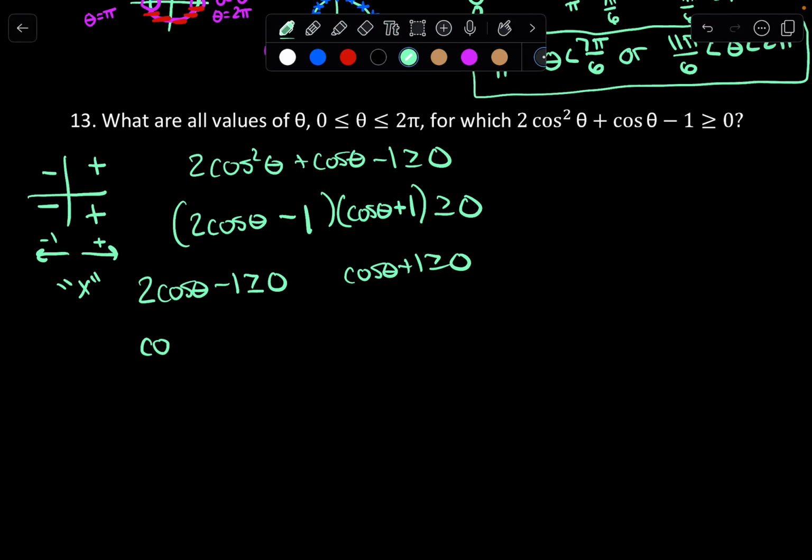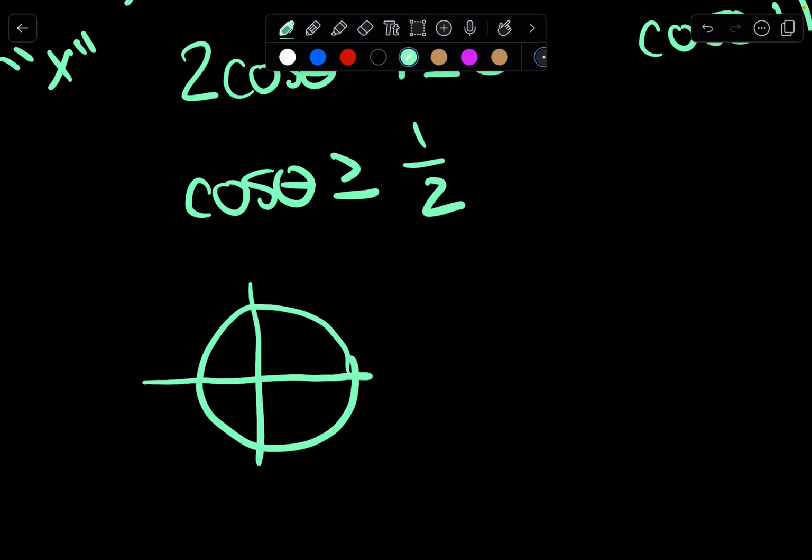Starting with the first one, isolating cosine theta, we end up with +1/2. So we'll set up our circle on the xy plane. And the two angles that we are looking at will be, let's see, it's pi over 3, and they will be inclusive, and 5 pi over 3.